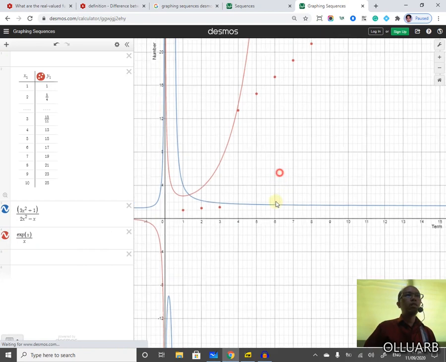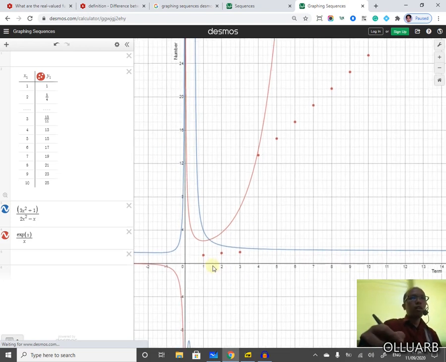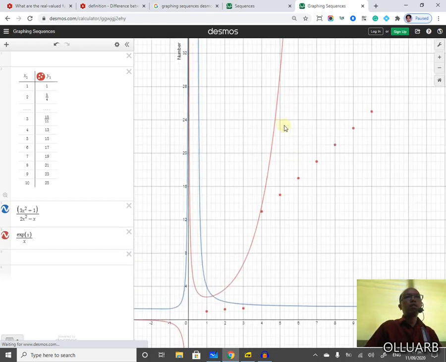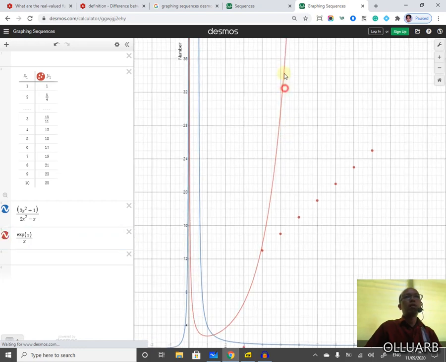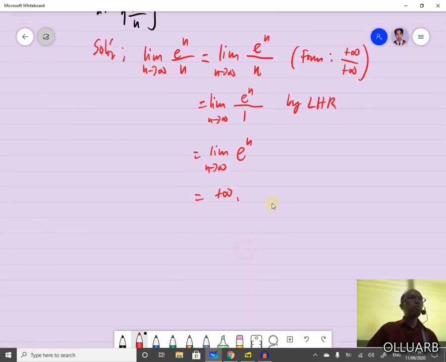Okay, so if you have noticed the red one, as x approaches infinity, as your n approaches infinity, 1 2 3 4 5 up to infinity, the graph gets bigger and bigger. So the answer is positive infinity. So that verifies our result.